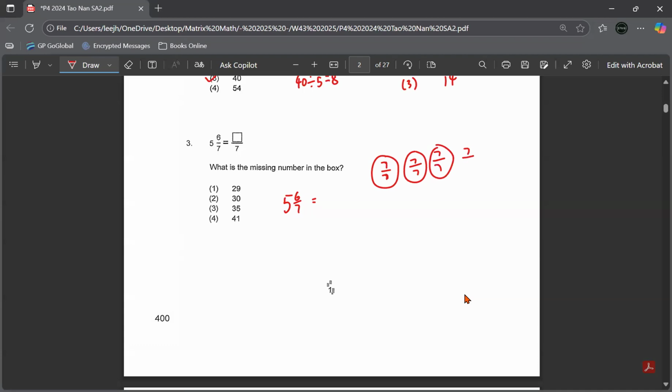So here will be 5 times 7, 35. But there is a fraction, this is 35 over 7. So there's another fraction of 6 over 7 here. So 35 over 7 plus 6 over 7. Your answer is 41 over 7. So what is the missing number? It's number 4. 41 over 7.